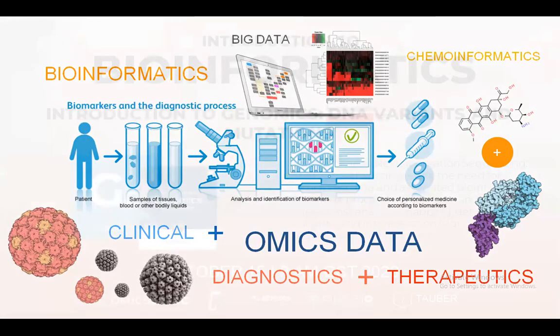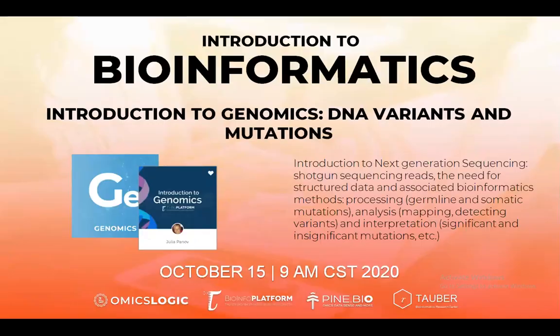Second session will be dedicated to the introduction to genomics, that is DNA variants and mutations. Here, we will learn about shotgun sequencing reads, the need for structured data, and associated bioinformatics methods that include processing of germline and somatic mutations, and then analysis like mapping and the detection of variants.